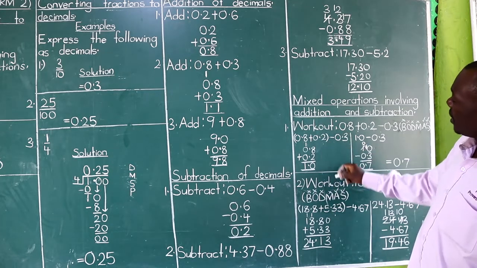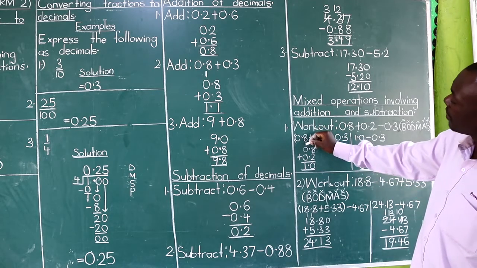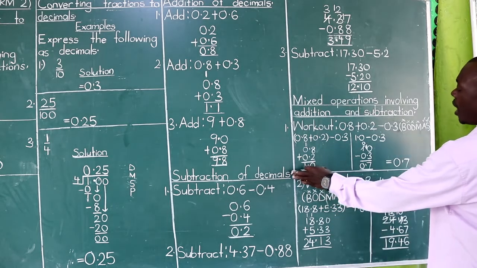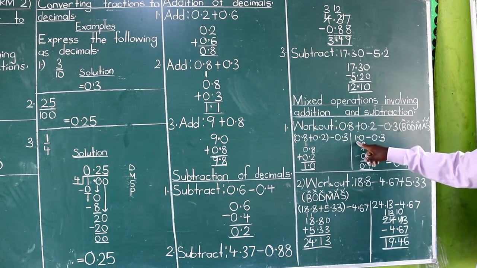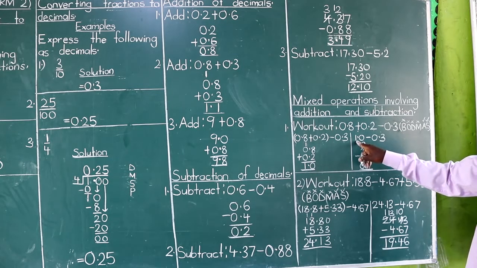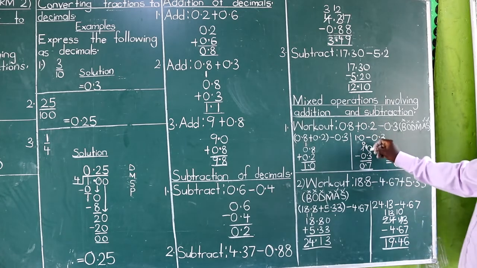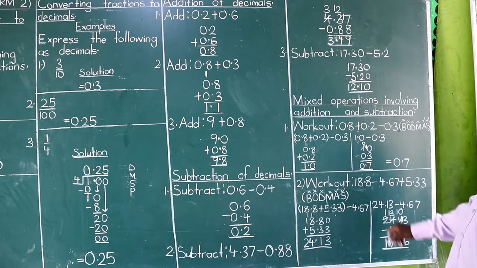That is 8 plus 2 is 10, write 0, regroup 1, then 1 plus 0 gets 1. So the addition has given rise to 1.0, but remember there is a subtraction of 0.3 later. So the outcome after adding is 1.0, then take away the 0.3. Now go point equals 1.0 minus 0.3, and then start your subtraction.